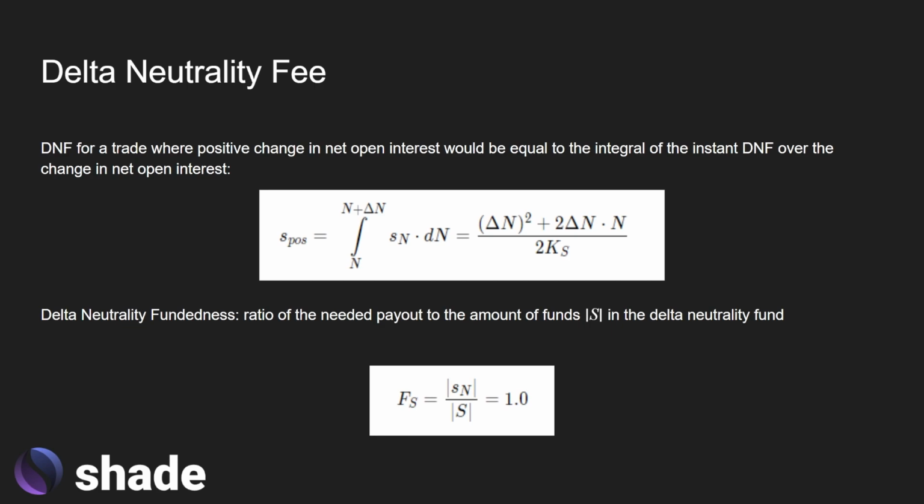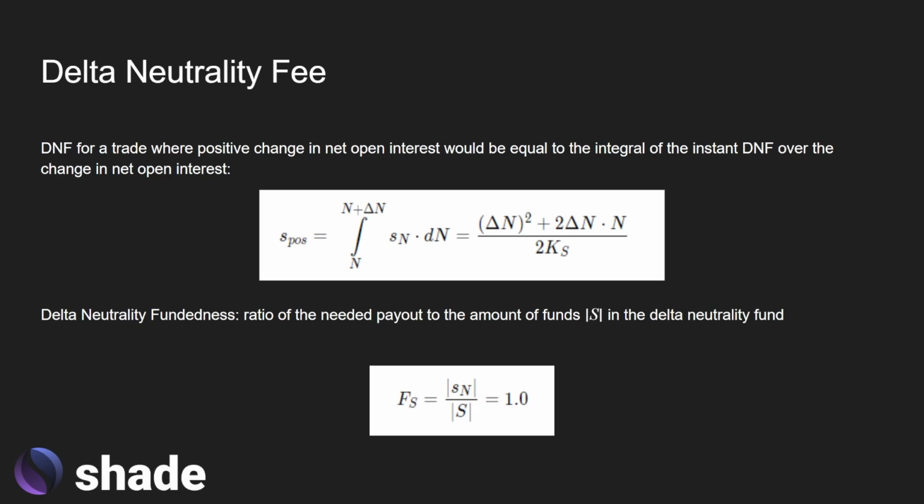The reason we want to increase or decrease this delta neutrality fee based on fundedness is that the neutrality fund is able to effectively reset each time your net notional open interest changes from a positive to a negative value. If your net notional open interest is positive, it means that longs are predominant. If your net notional open interest is negative, that means shorts are predominant.